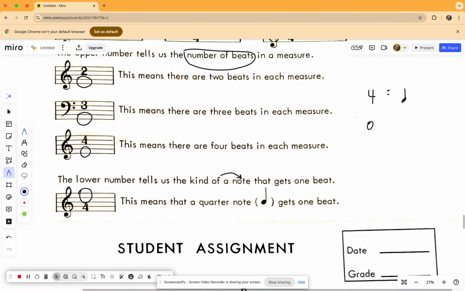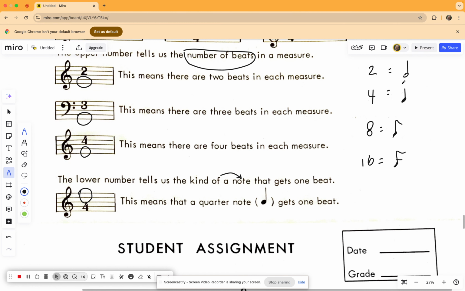If there was an 8 under there, not my best work writing an 8, but you get the point, it would be an eighth note. If there was a 2 under there as the bottom number, it would be a half note. And then finally, this is one of the first times you're seeing this, but if there was a 16 under there as the lowest number, it would be a 16th note.